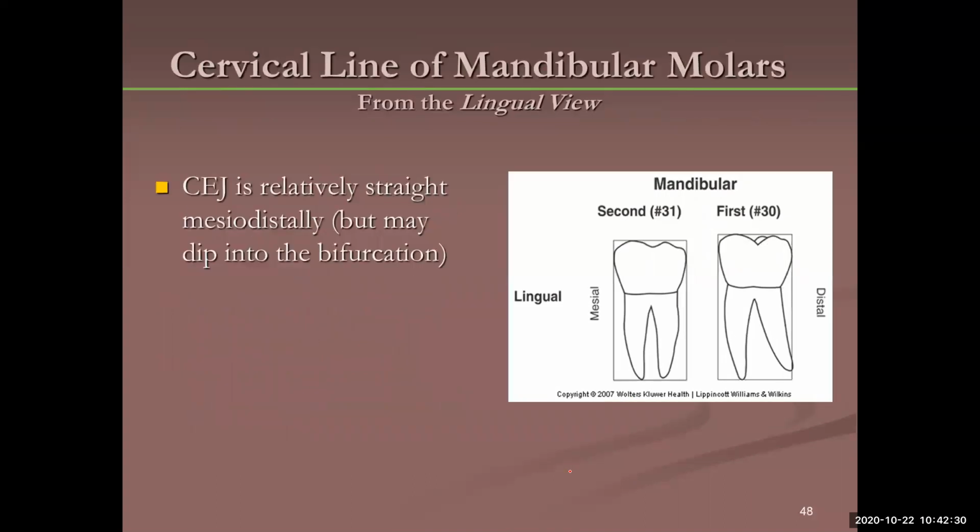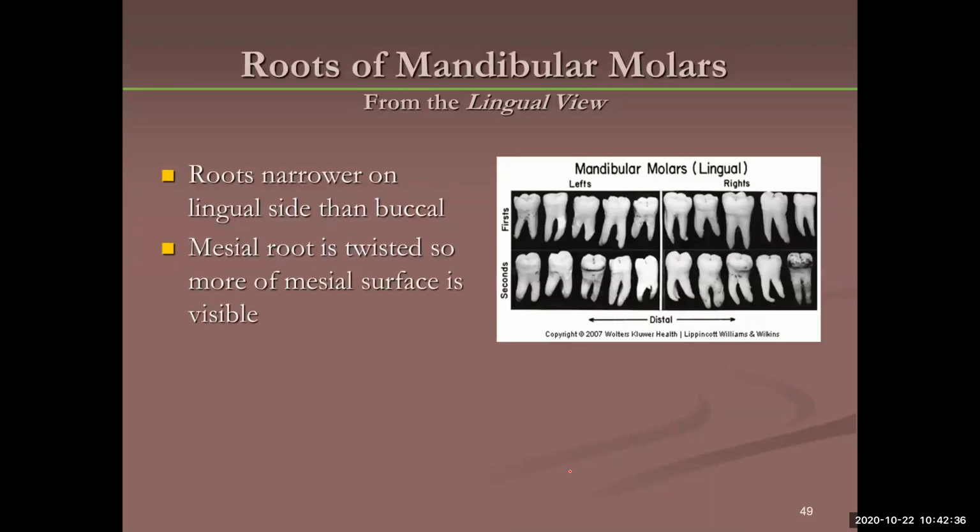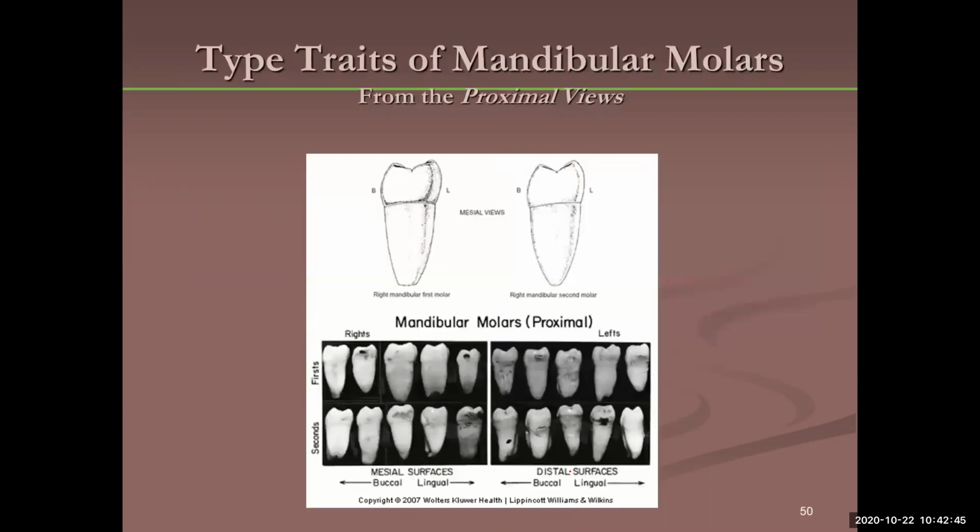CEJ is relatively straight. The roots are narrower on the lingual than they are on the mesial. A little bit of a twist. That's just trivia. When we're looking at the proximal view here, these are the mesial views.